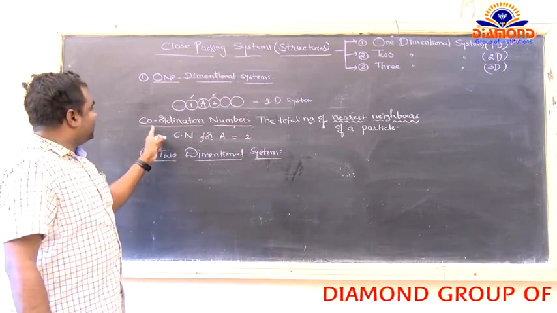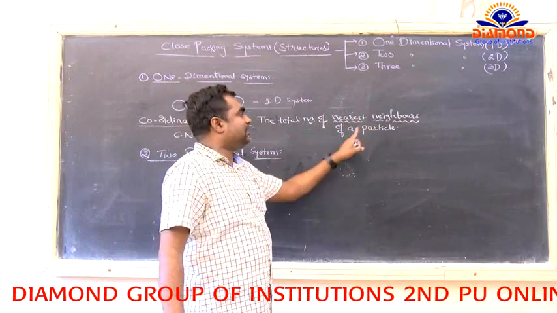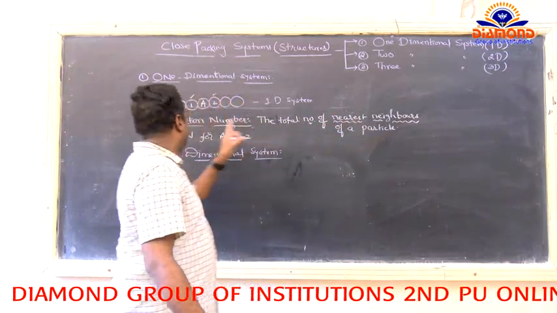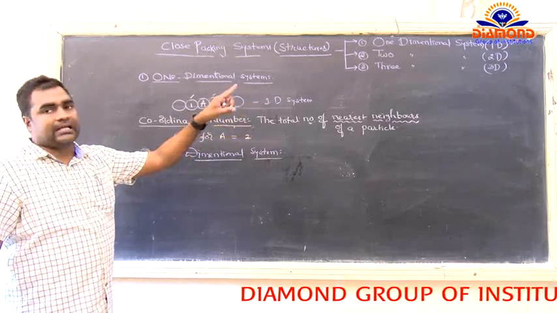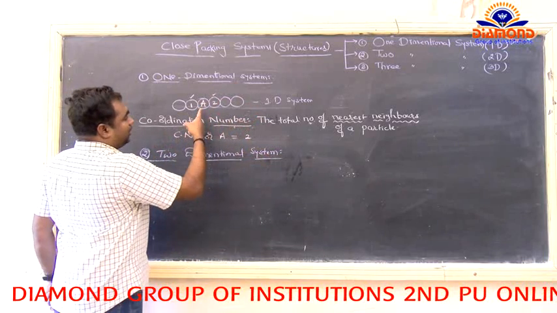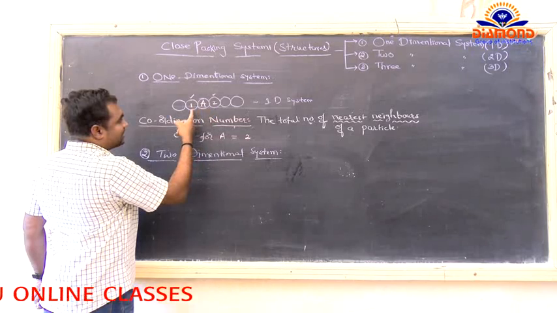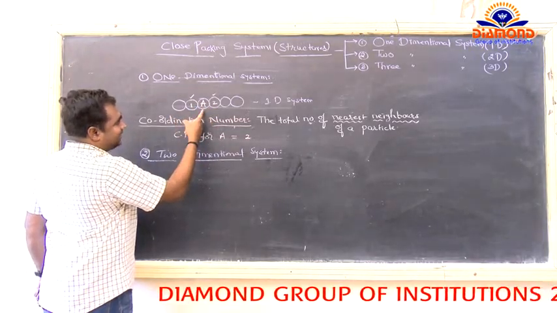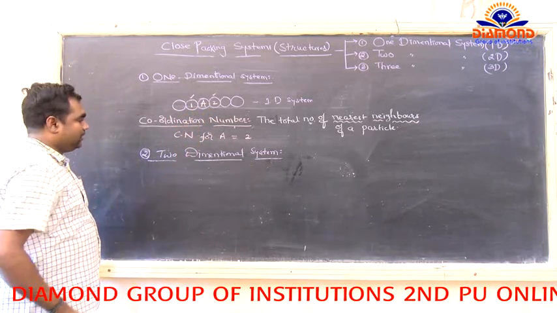Once again, the total number of nearest neighbors of a particle is called the coordination number. For this, only two atoms touch A, so the coordination number is 2.